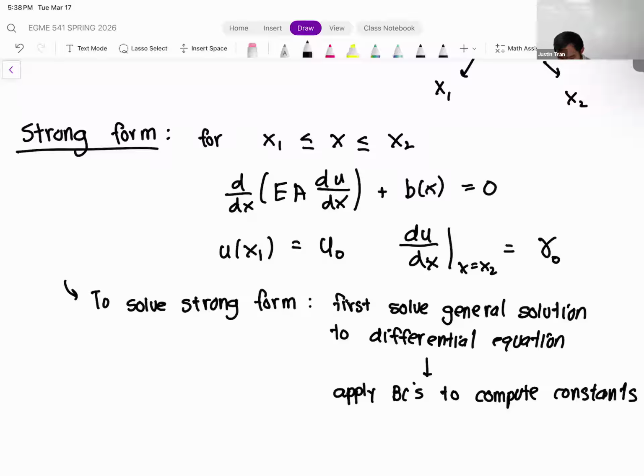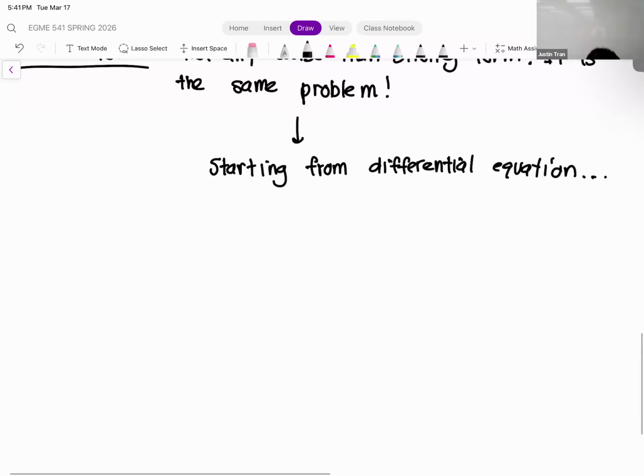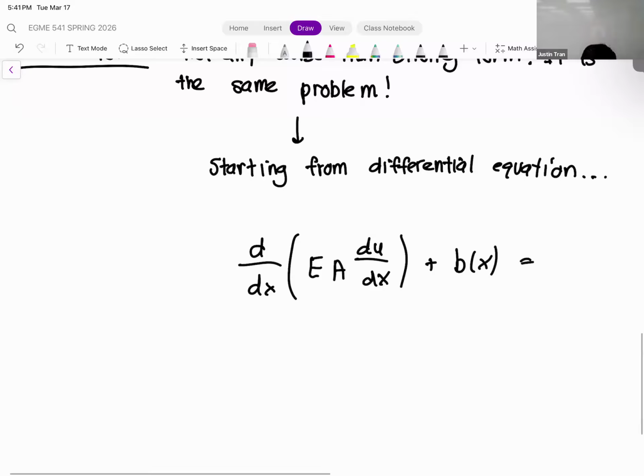So starting from the differential equation, let's write that first. d dx of EA du dx plus b of x is equal to 0.